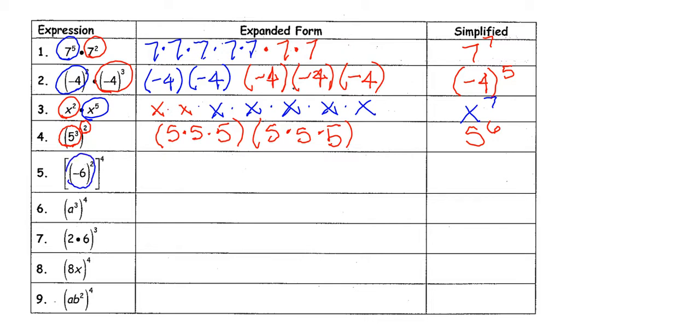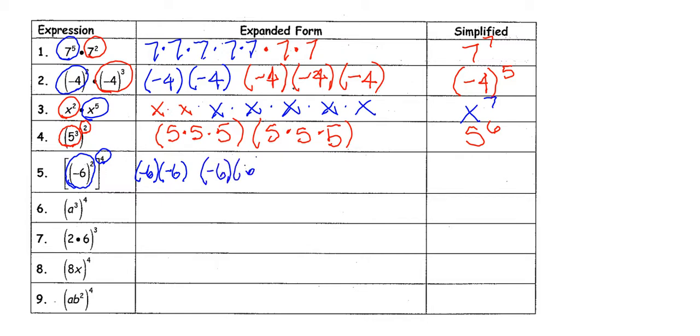Number 5, same idea with -6 to the 2nd power, so that means we're going to write -6 twice. We multiply it twice, and we're going to do that 4 times because of that 4 all the way on the outside of those parentheses. Right, so I'm going to do that again.